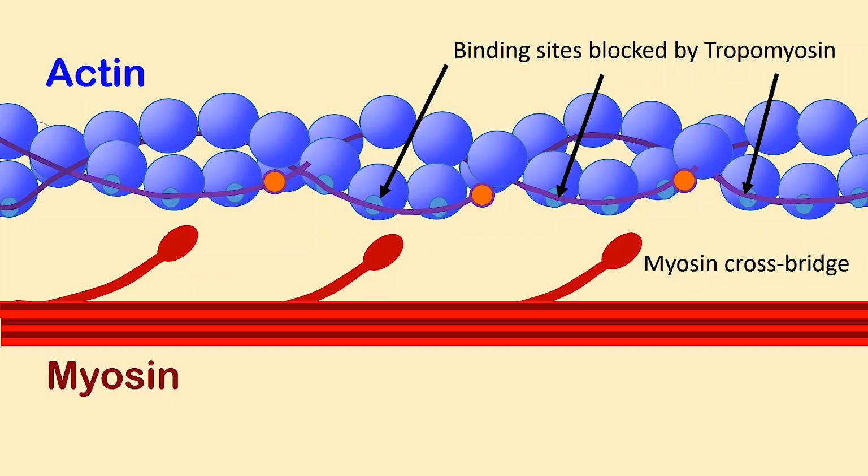However, under normal circumstances, tropomyosin will block the binding site on the actin so that the actin and myosin cannot interact because the cross bridges cannot bind onto those actin binding sites. This will then prevent the muscle from contracting.